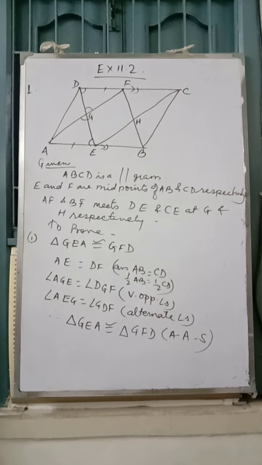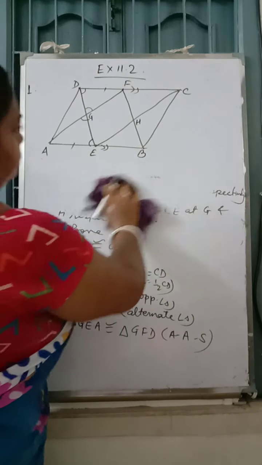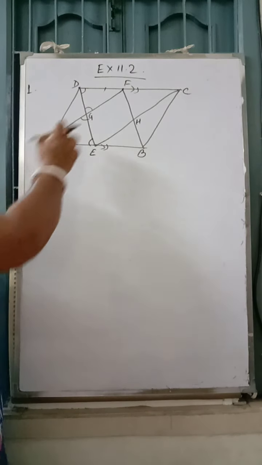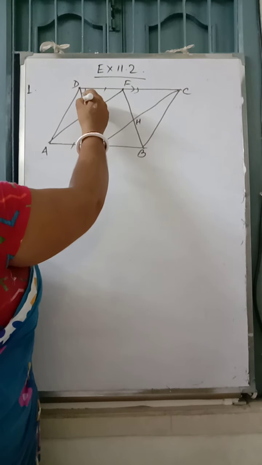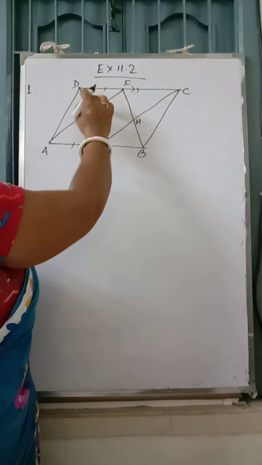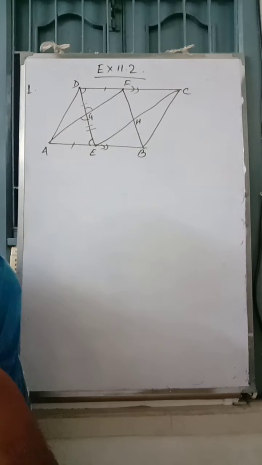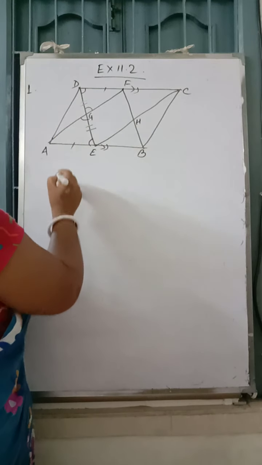Now see, first of all, what can we see? If these two triangles are congruent, then DG is equal to GE.